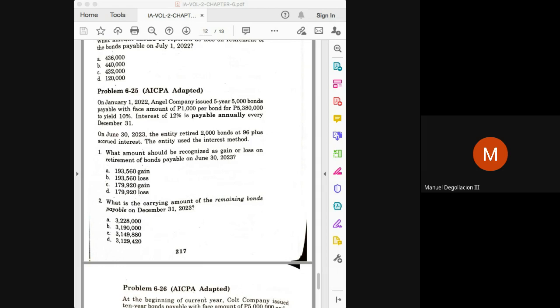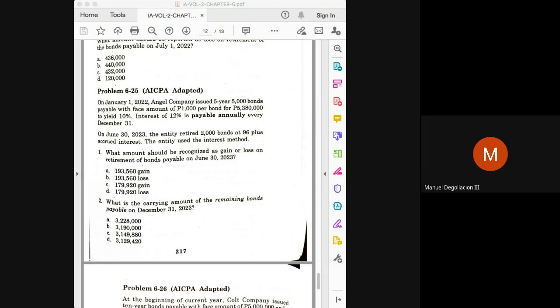How much is the premium on this 2 million bond? The bond is only 2 million, but it had a carrying amount of 2,127,200. Okay, so that means the premium on this portion was 127,200.